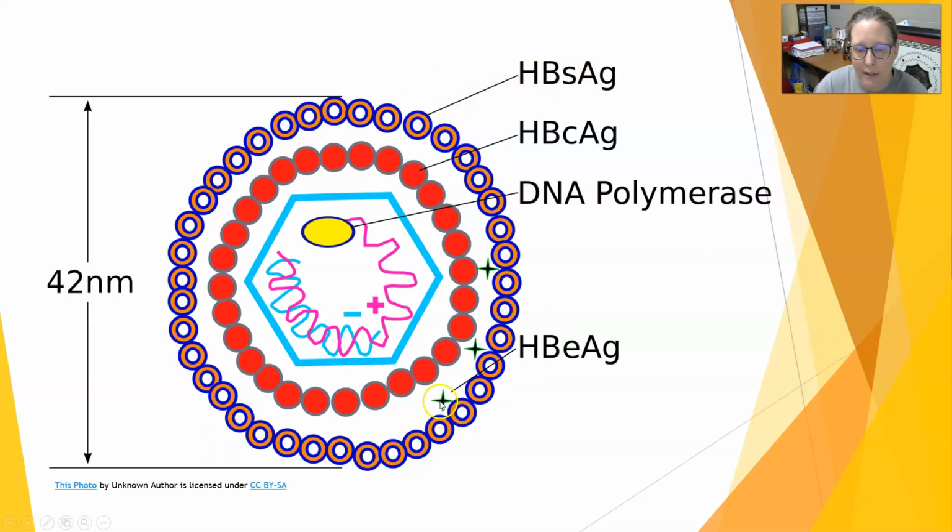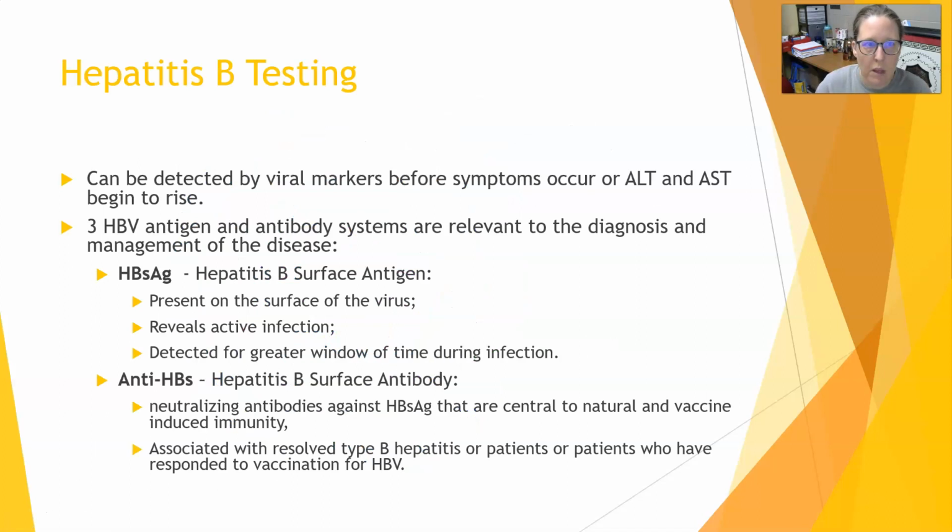And then there are also some other little proteins associated with that, which are going to be the hepatitis B E antigen, or E for envelope. So we have a surface antigen, an envelope antigen, we have a core antigen, and we'll have antibodies to those also. So let's talk about hepatitis B testing.